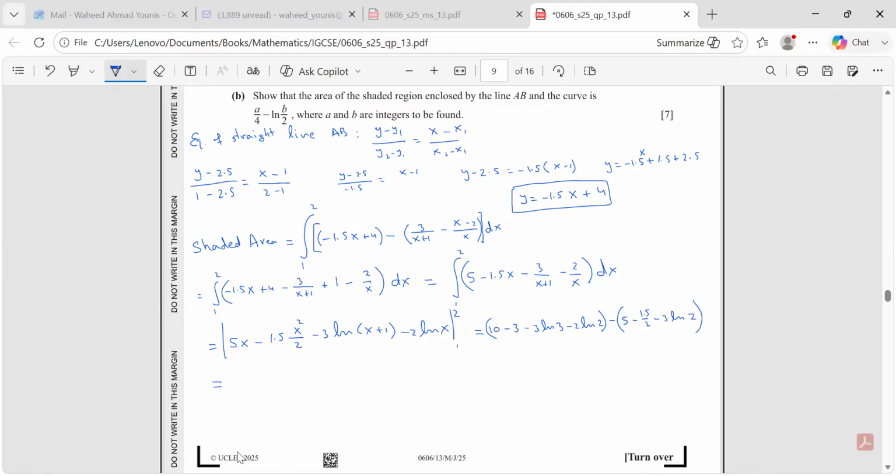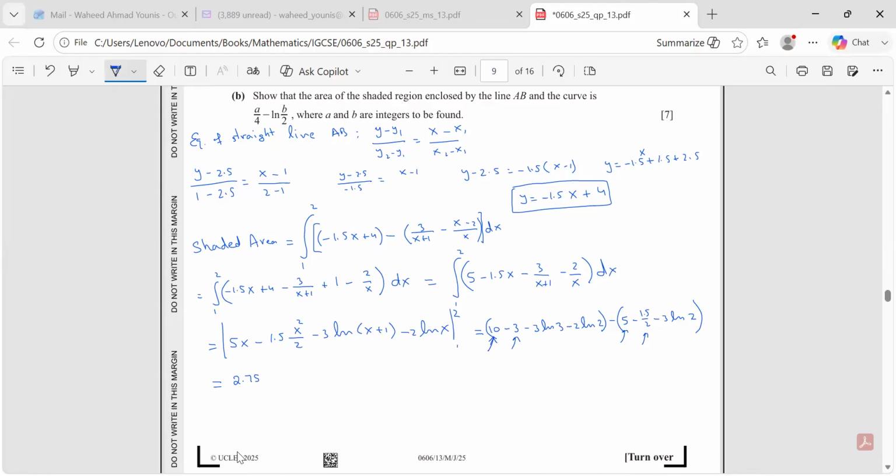Everyone is following me? 10 minus 3 is 7, 7 minus 5... one second. Yeah, 7 minus 5 is 2, and 2 plus 0.75 is going to be 2.75. Am I right? I considered these 4 numbers combined together, and they will give me 2.75.